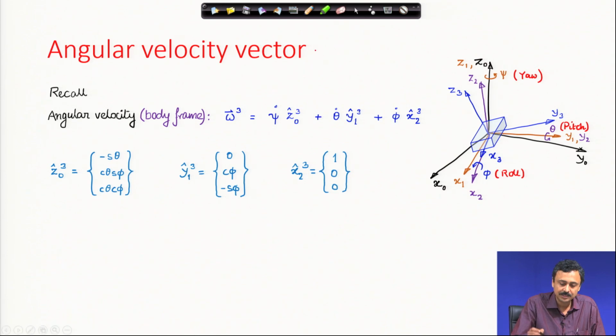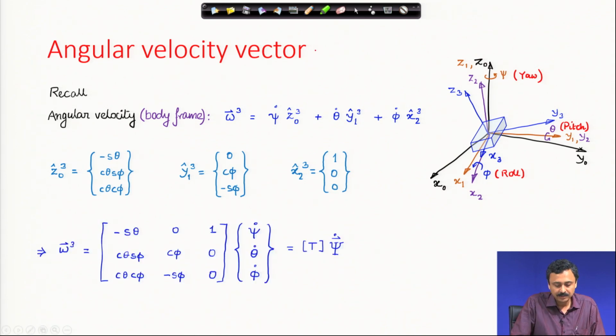All these things were discussed previously, and we had this transformation from the yaw, pitch, roll rate vector capital psi dot to the angular velocity vector, and this is the transformation, these are the details of the transformation. This we had discussed.